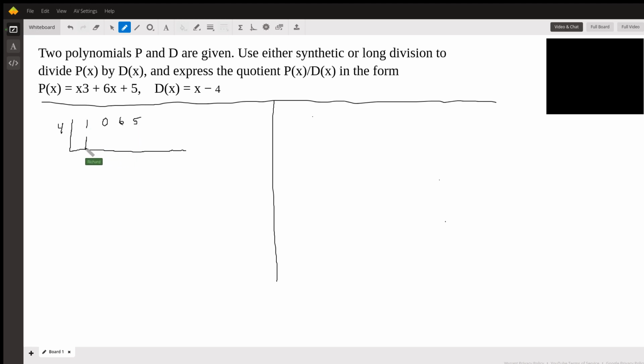We bring down the 1. And then 4 times 1 is 4. We add them together. 4 times 4 is 16. We add them together. 16 and 6 is 22.